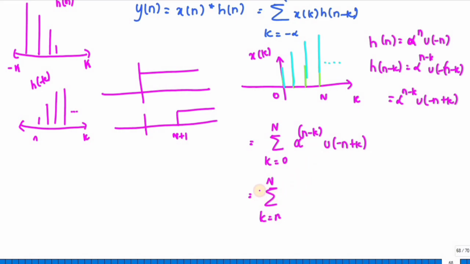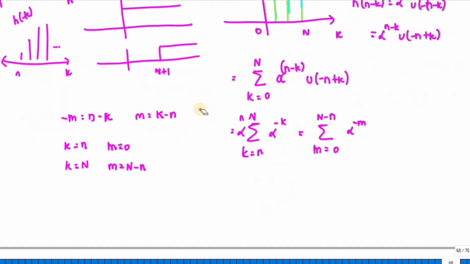Alpha power n, I can take it common. Alpha power minus k. So after taking this function, I can equate minus m is equal to n minus k.